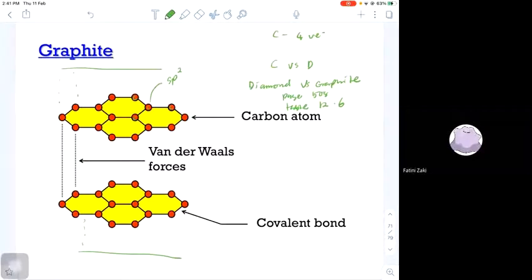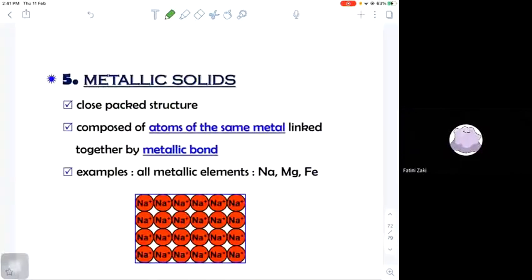Now we move to the last type of crystalline solid, which is the metallic solid. This metallic solid is a close packed structure. Of course, metals naturally exist as solids at normal room temperature.